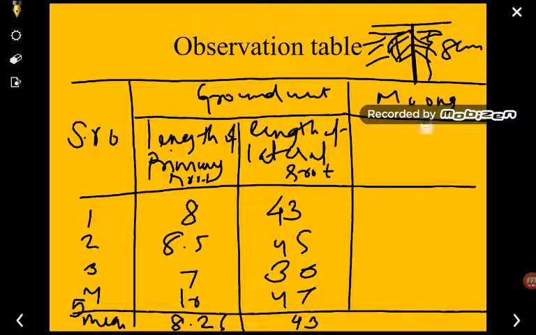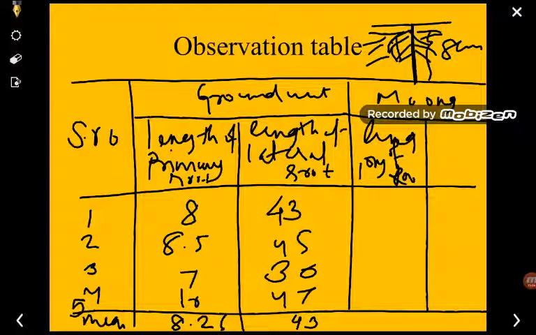Here also we are doing the same thing. We are uprooting it, then we are going to find out the primary root. So here will be the length of the primary root, and here is the number of lateral roots, the amount of lateral roots present.